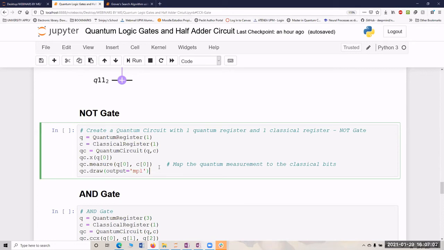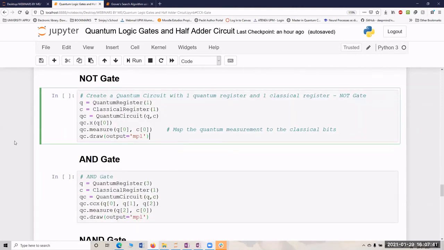You might already be familiar with the truth tables of classical logic gates, and it will be a good exercise for you to revise those truth tables, compare them with the quantum circuits which I am now showing you, and verify how those truth tables work according to the circuits. So that will be a good exercise for you to go through.